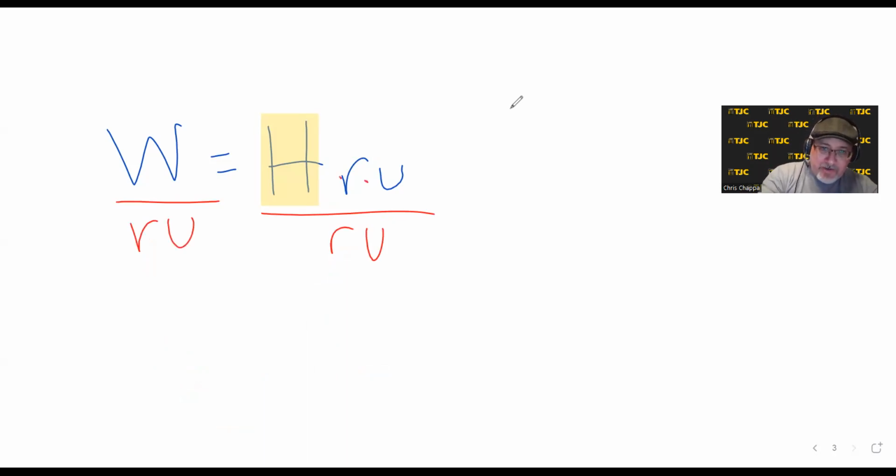The rule for canceling in a fraction is simple. If you're part of a multiplication problem on the top, like up here, and part of a multiplication on the bottom, like we are down here, and you match, like the R's match and like the U's match, then I can cancel you. Again, if you're part of a multiplication problem on the top and part of a multiplication problem on the bottom, and you match, I can cancel you.